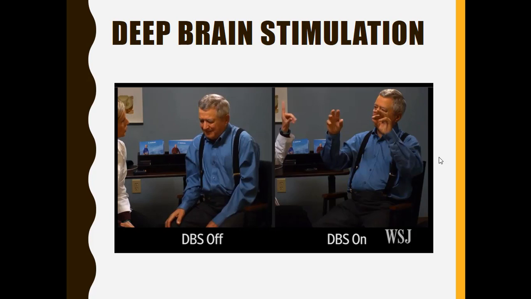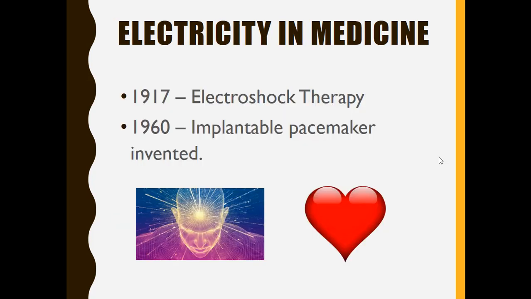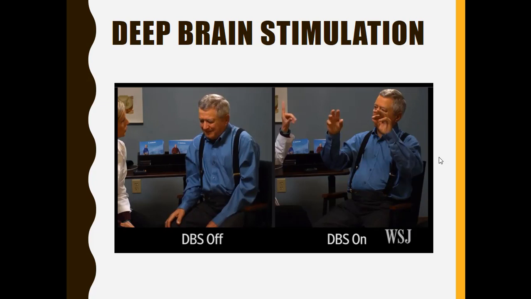With this technology, through electricity, very similarly to what's done with pacemakers, doctors will take wires and then insert those in one's body, and instead of putting them to the heart, they'll put them up in the brain. Then they'll run those wires down through your body, and it's a very complicated thing.